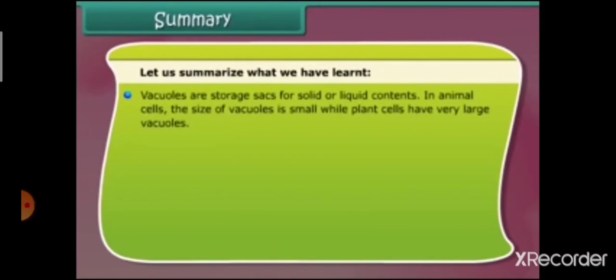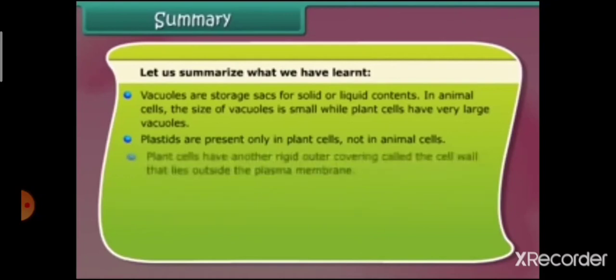Plastids are present only in plant cell, not in animal cell, because plastids give color to the flowers and leaf. Plant cells have another rigid outer covering called the cell wall that lies outside the plasma membrane. So it is the outermost covering which protects the plant cell and it is hard, rigid.